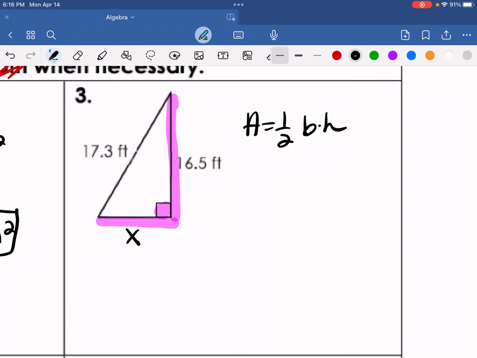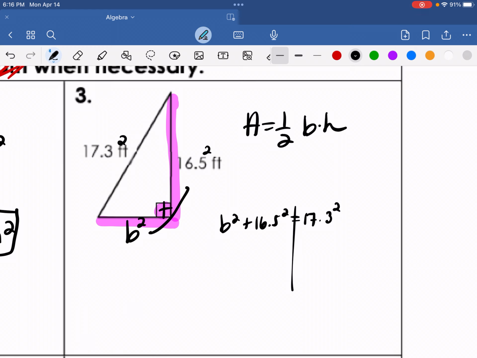You can put whatever letter you want. I'll put B for base, but we want to do Pythagorean theorem. So that means we square all of them. We add. We put the plus sign in the 90. So we're adding B squared plus 16.5 squared equals 17.3 squared. And then we do our math. The way I'm going to do it is I'm going to subtract 16.5 squared.